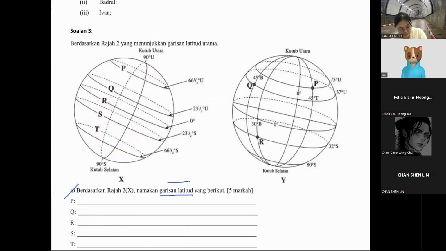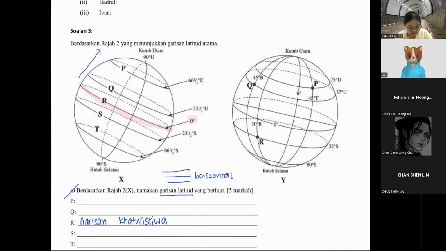Latitude means horizontal line. We have learned 5 horizontal lines. Remember their names? Always remember the one in the middle with 0 degrees, we call it what? Yes, garisan khatulistiwa, so R is khatulistiwa. The top part is the North Hemisphere.